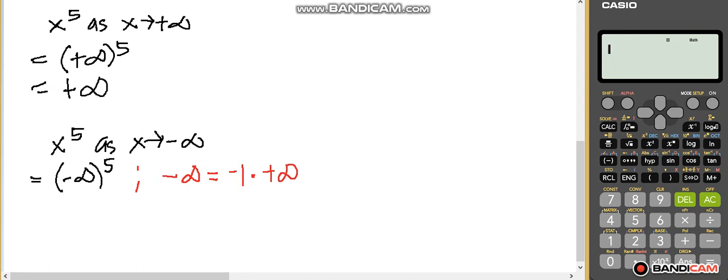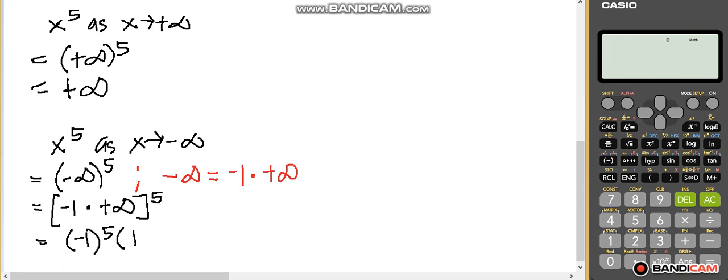Tama ba? Mas madali kasing mag-evaluate kung puro positive na lang yung gagamitin natin. So this will become equal to negative 1 times positive infinity raised to 5. Now, let us distribute our exponent. So negative infinity raised to 5 will become negative 1 raised to 5 times positive infinity raised to 5.